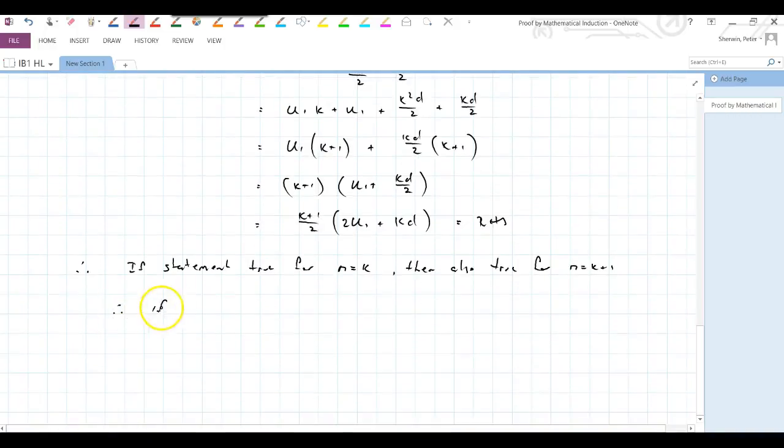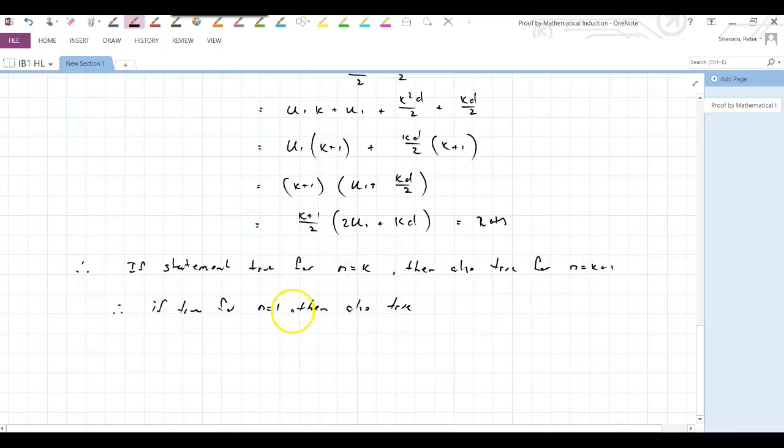Therefore, if true for n equals 1, then also true by this first statement. If it's true for n equals k, and k equals 1, it's also true for n equals k plus 1.